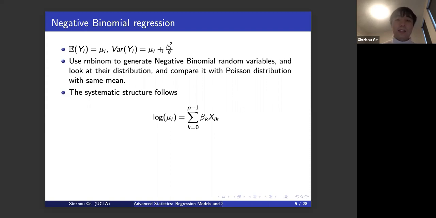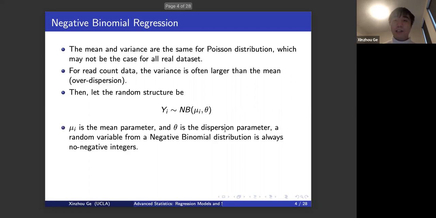You may see different definitions of the dispersion parameter in other papers or in other classes, because we don't have a universal definition for the negative binomial distribution. The dispersion parameter may take different formats.